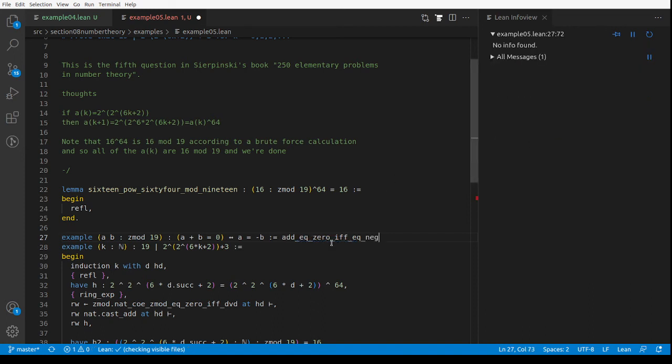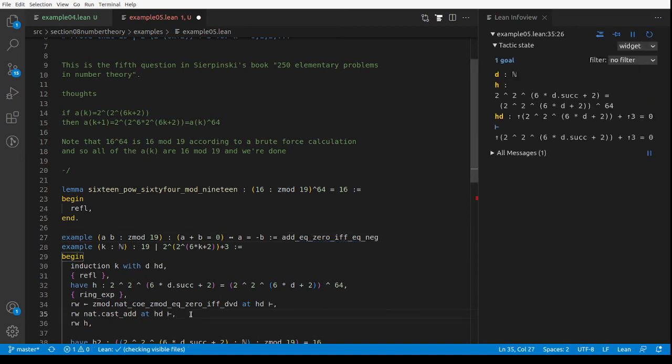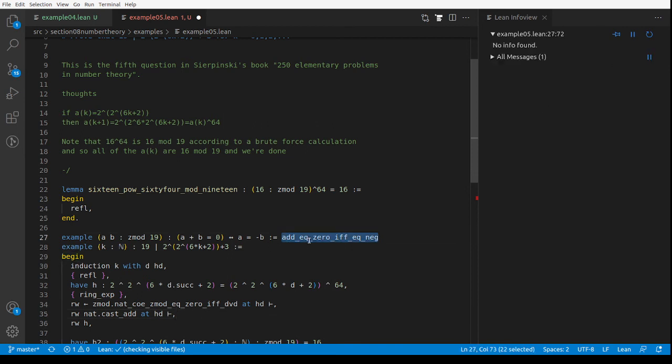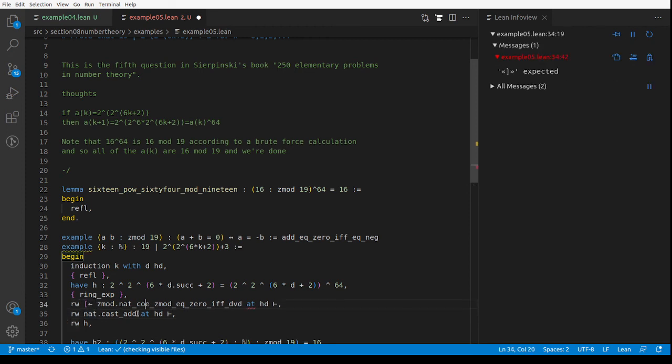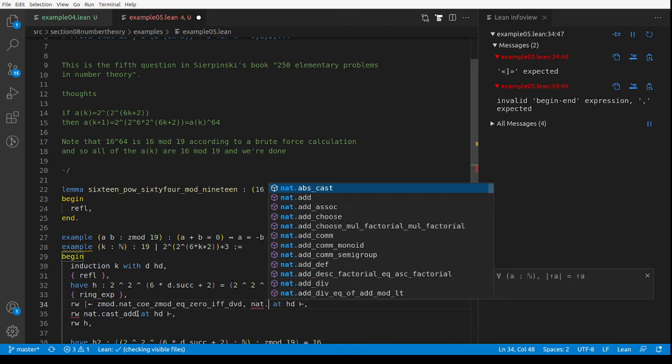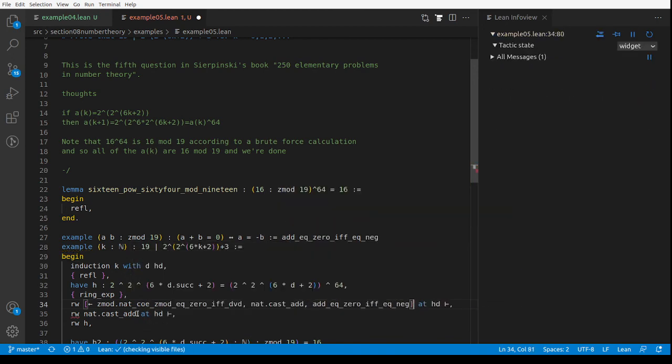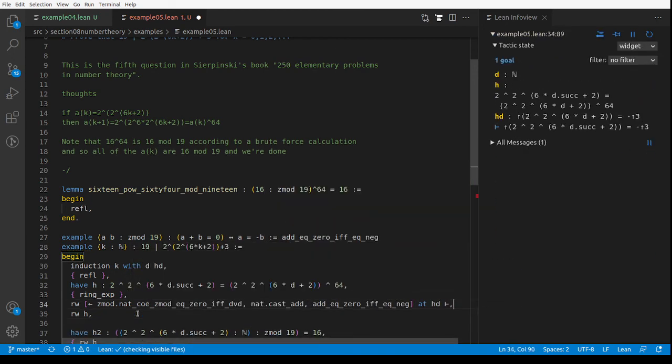Right, so I probably want to rewrite both of these things here as well. Can I just do all of this in one go? This thing here, nat.cast add, and this thing here. Right, great. And now rewrite H. And so now I'm claiming, now I can rewrite HD, right?